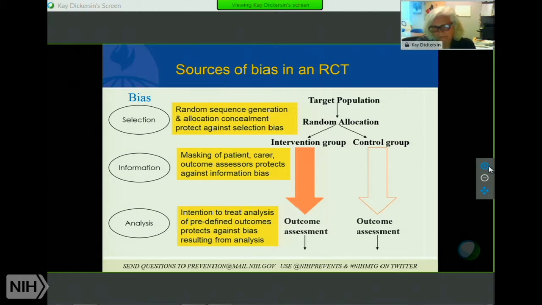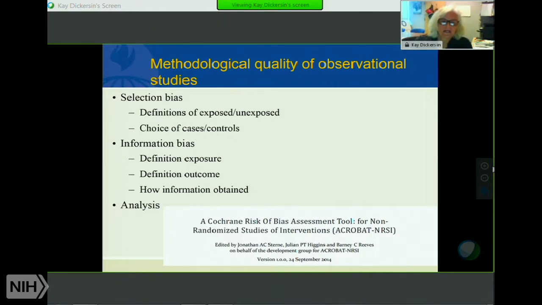Doing a systematic review of observational studies and trying to address the bias issue is much more difficult than with a randomized controlled trial. There is a way to assess bias in a non-randomized study of an intervention. This is called ROBINS-I. There's also the Newcastle-Ottawa scale for assessing observational studies.